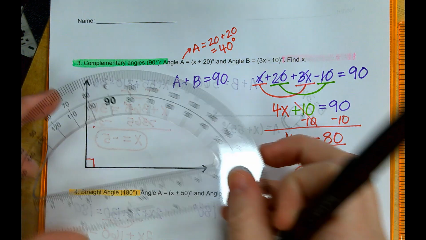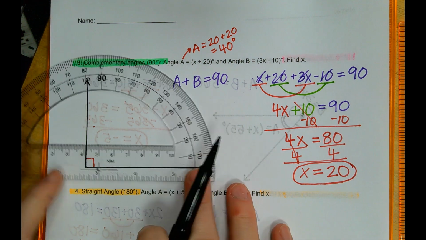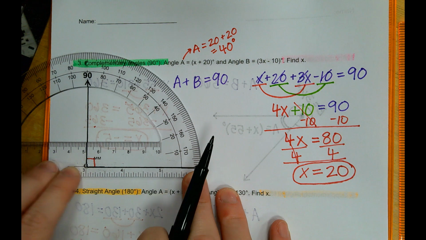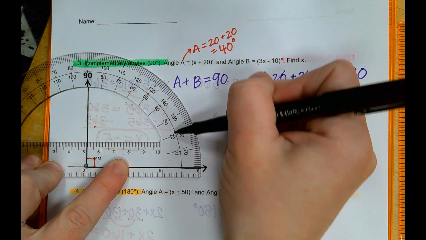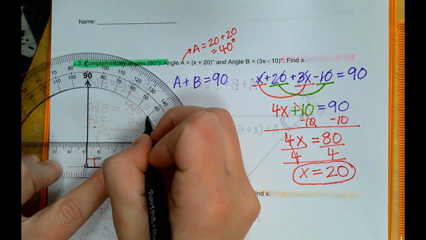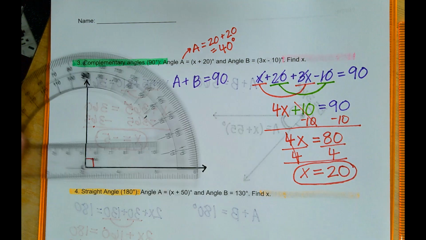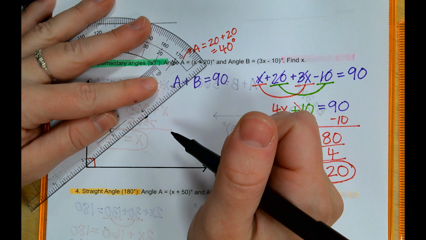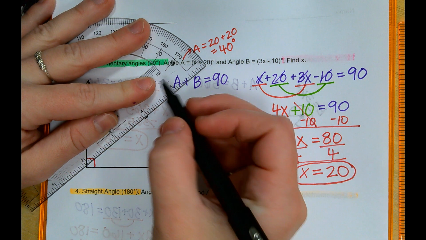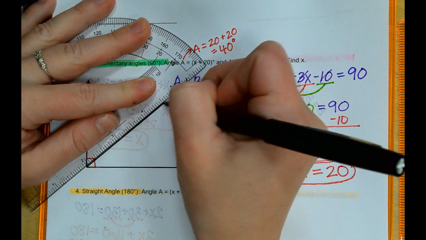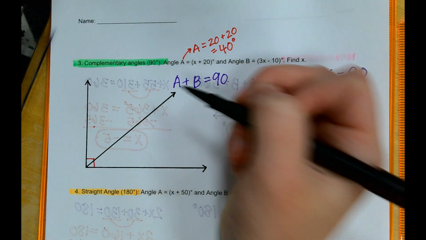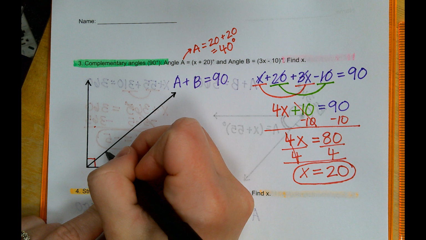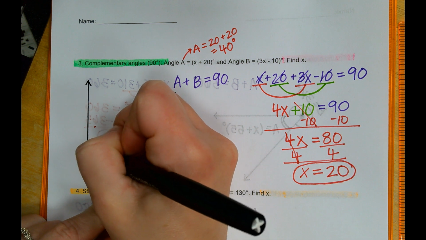I'll use my protractor and see if I can find 40 degrees on here. Okay, 20, 30, 40. Perfect. Almost in the middle, but not quite. That's okay. All right, and we're going to label our angles.